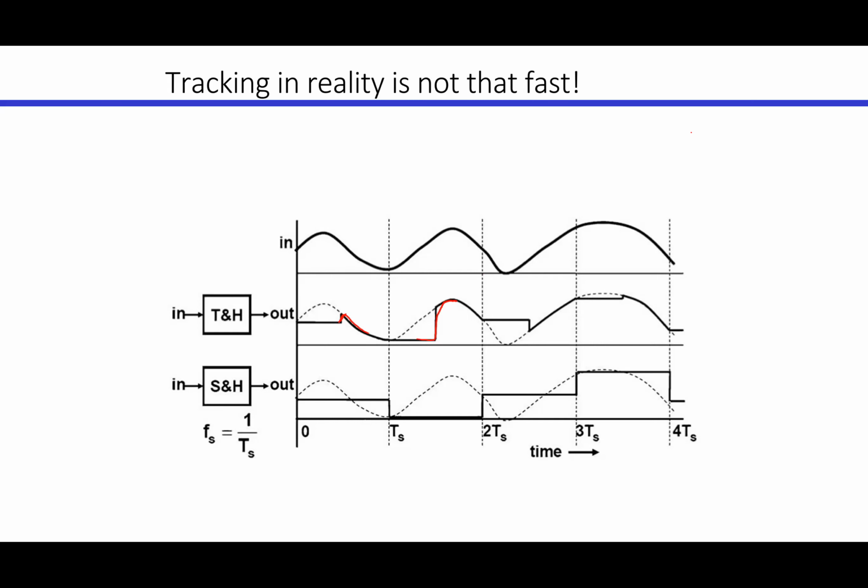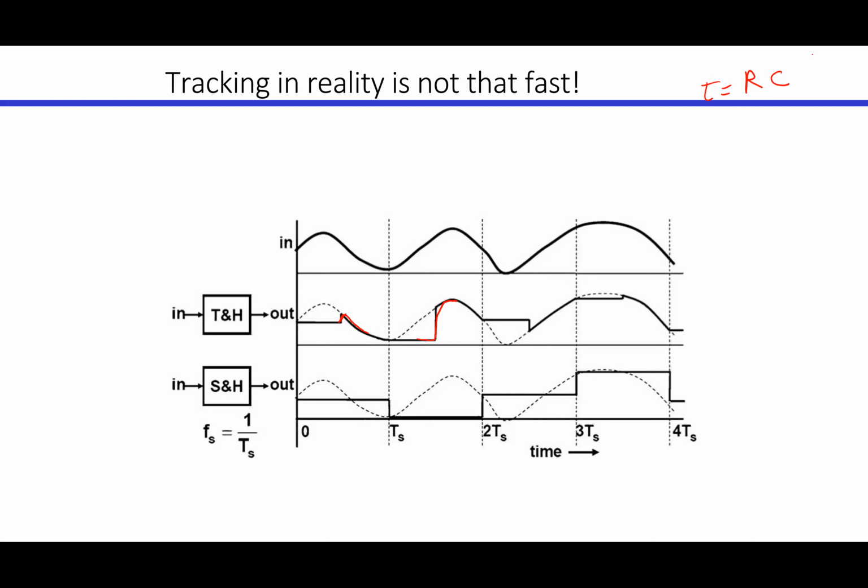When you have an RC circuit, you have a time constant tau equal to RC, and this RC is inversely related to your bandwidth. A large time constant means a smaller bandwidth. Ideally, we want a larger bandwidth for our sample and hold circuit so that we can track fast.